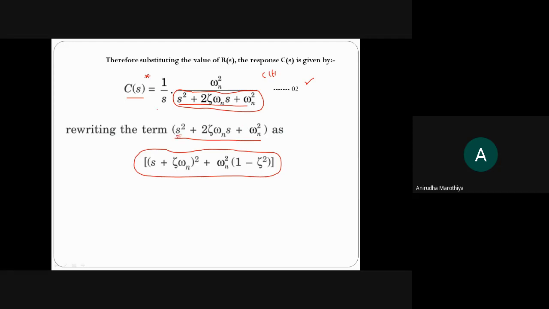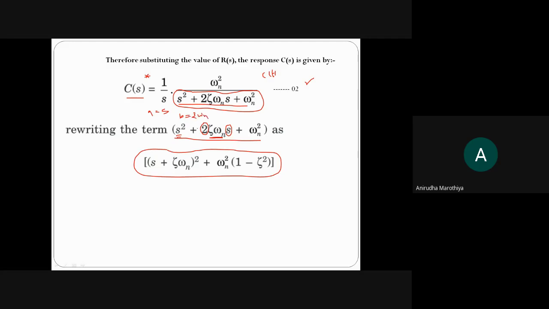So here a is nothing but s. So a square plus twice ab. Here this indicates your a, this indicates the twice, and whatever the term is apart from this indicates your b. Are you getting my point? Yes, sir. So here I can write b is nothing but zeta into omega n.